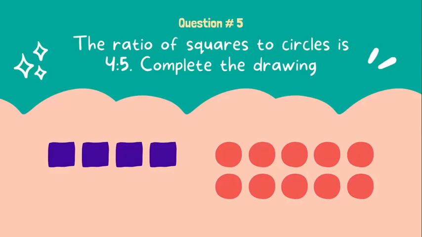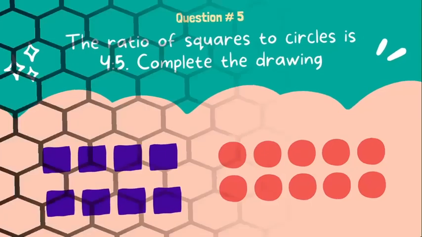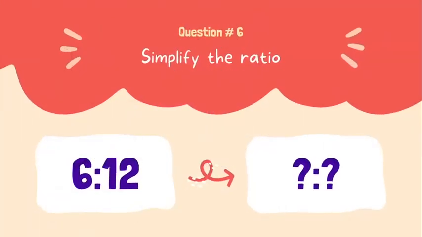Complete the drawing. If you draw 4 squares, you got it right. Question number 6. Simplify the ratio, such 6 to 12. If your answer is 1 to 2, perfect.